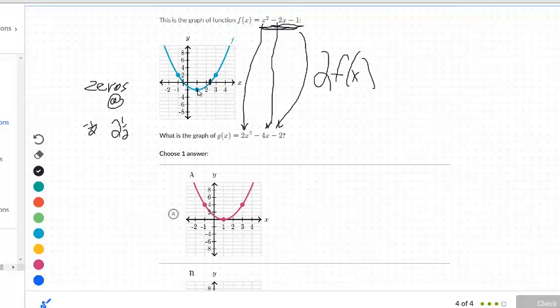I also know that this vertex point, this lowest point, is going to be stretched twice as far. So right now it's at, if I look at my scale, it's at a -2. And so it's going to stretch that vertex down here twice as far to a -4. It's going to stretch my positive outputs up here, like I have one here at +2.